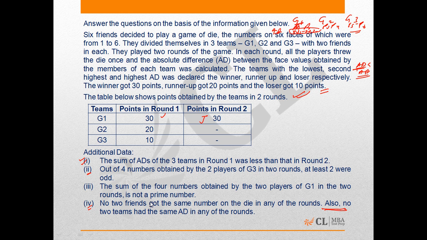This part of info is very important, and we can start solving this set with the help of this information. We have six numbers 1, 2, 3, 4, 5 and 6. Now we need to check what are the possible ADs, and the difference of any two numbers out of these six could lie from 1 to 5.